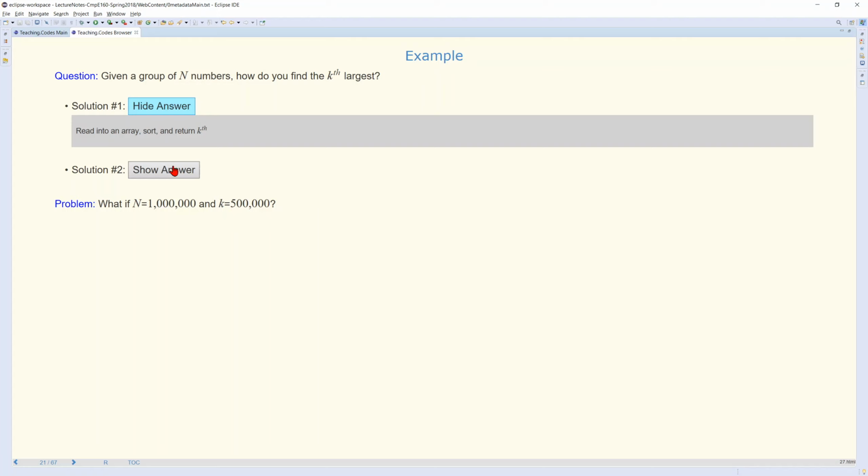Now here there's a problem, and the problem is, what if the array is too large? If you have, say, 1 million elements, can you store 1 million integers or floats in an array?